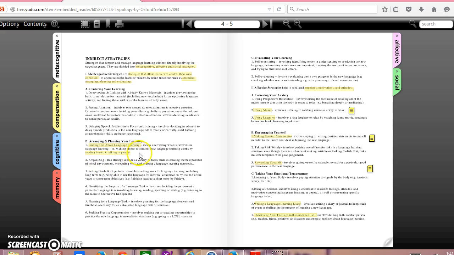So this is how you make efforts to find out how language learning works by reading books and talking to people. In my opinion, you have to know what is the input that you get from reading books and talking to people. If you read books, I think you can gain some new vocabulary. And if you talk to people, it enhances how you speak well.